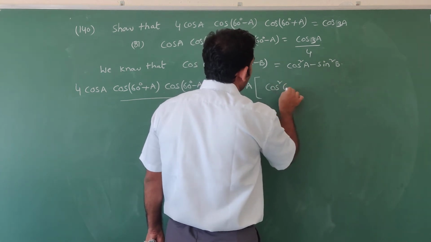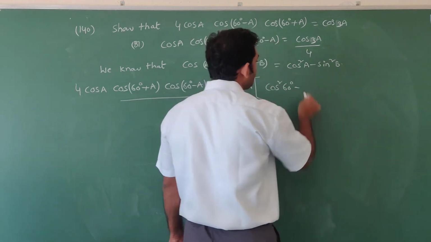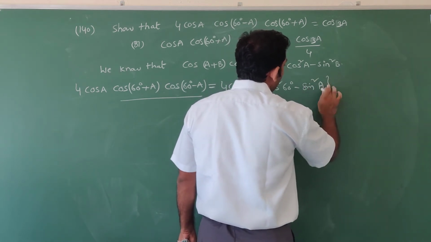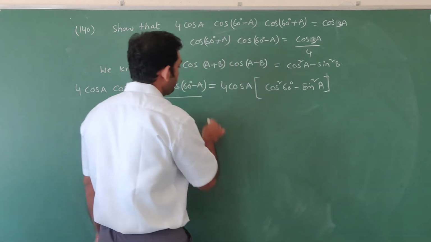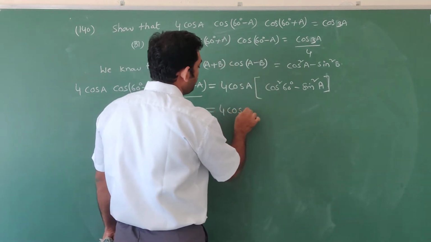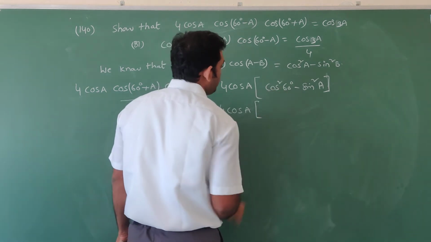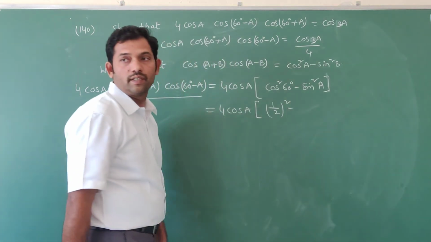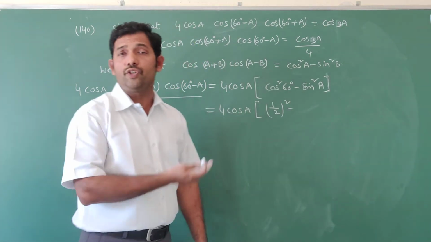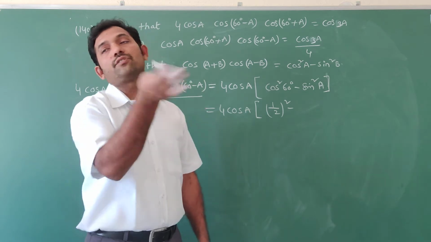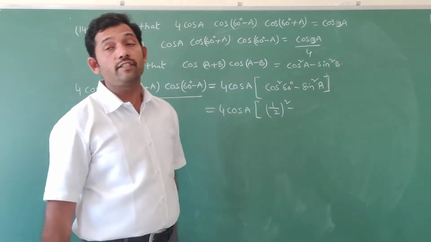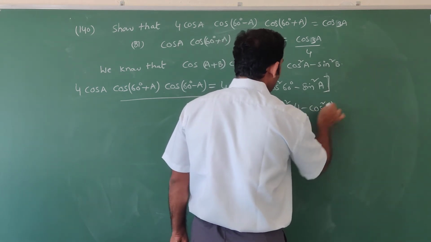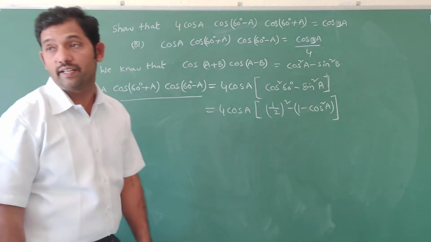Cos square 60 degrees minus sin square A. So what happens? 4 cos A bracket of cos square 60, which is 1 by 2 whole square, minus. The solution in terms of cos you should convert, so sin square A means 1 minus cos square A. Understand?